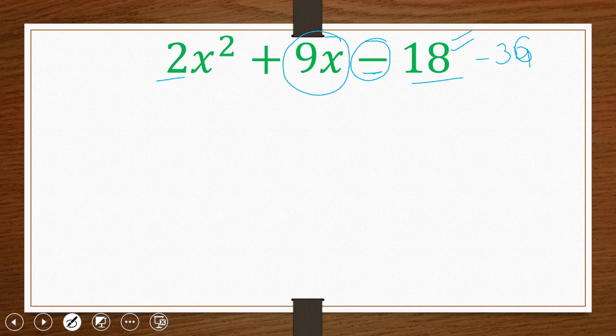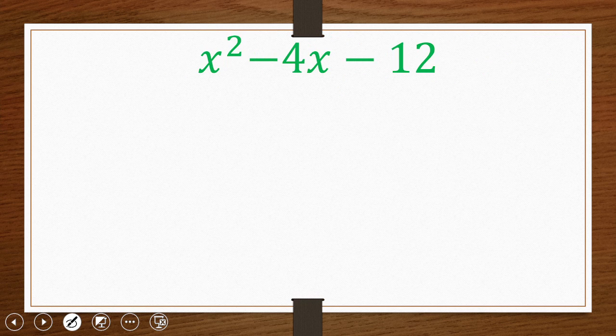So I hope now you can split the term easily. Splitting the middle term into factors of 36 which will give you plus 9. So you can do all these questions.